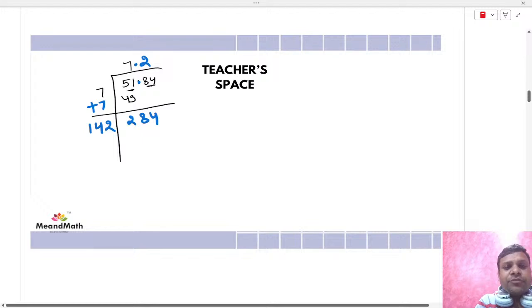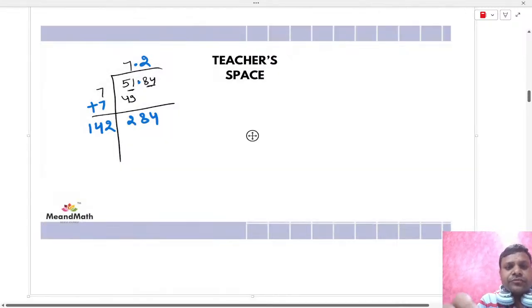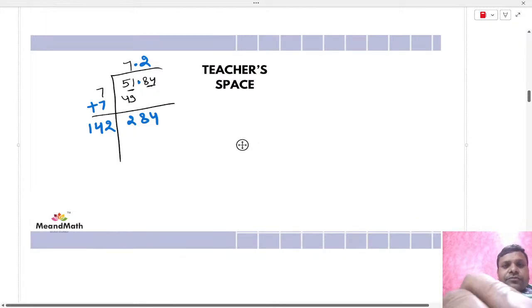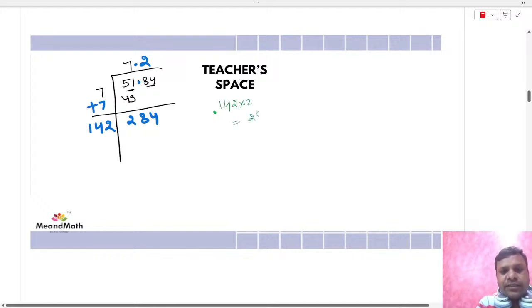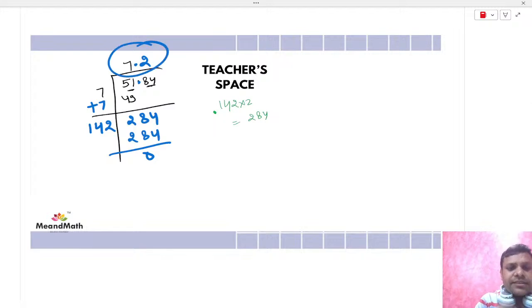So 142 into 2 is equal to 284. So this is 284, remainder 0.